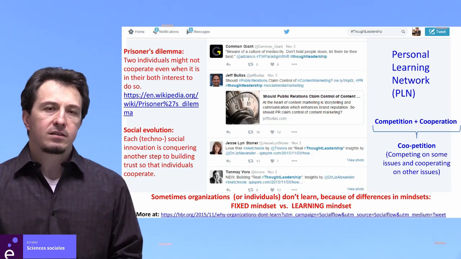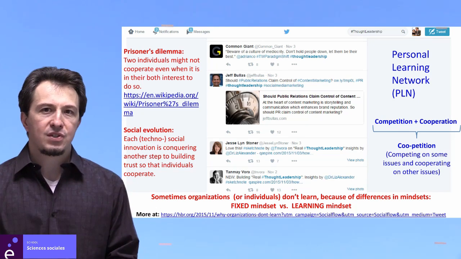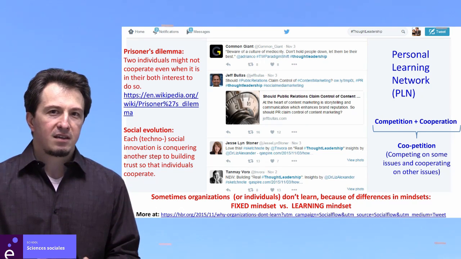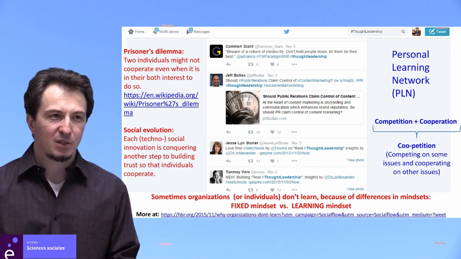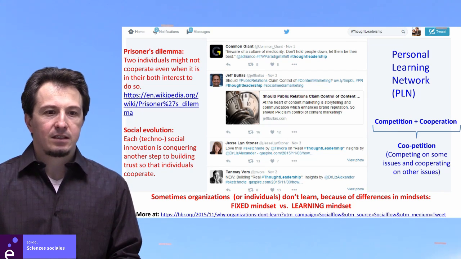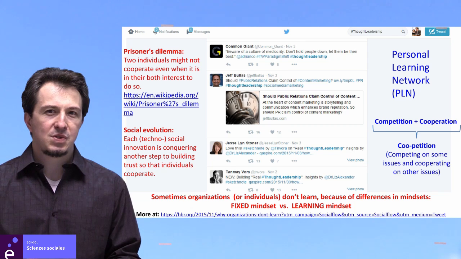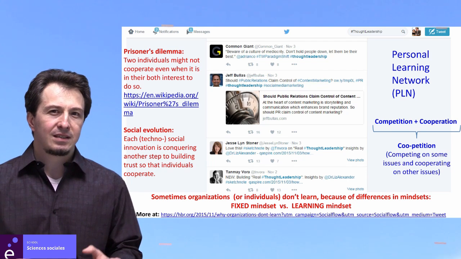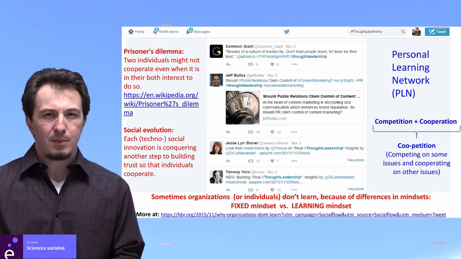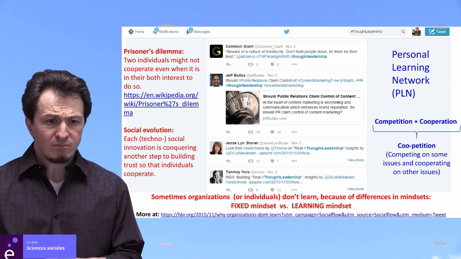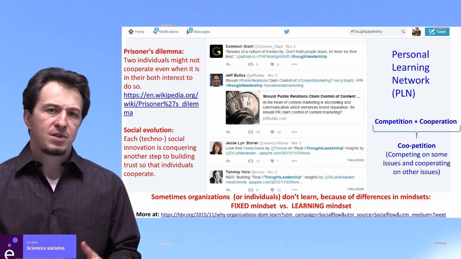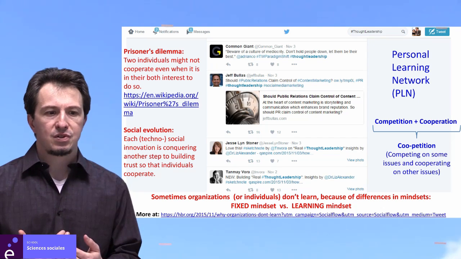If they cooperate, they will gain, let's say, $100. If they don't cooperate, they gain only $20. But they are sure of that sometimes. So they will choose something that is more immediate, even if it is less, which is a very bad decision. But this is what happens. Why? Because there is not enough trust between those individuals.